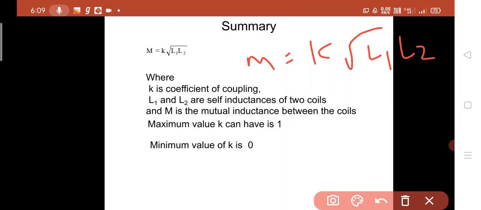Maximum value K can have is 1, and minimum value of K is 0.